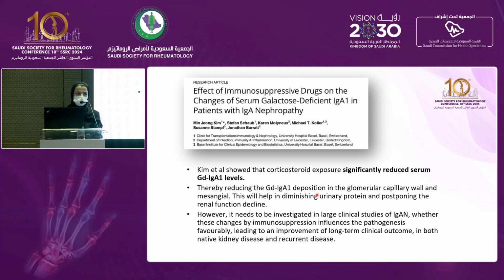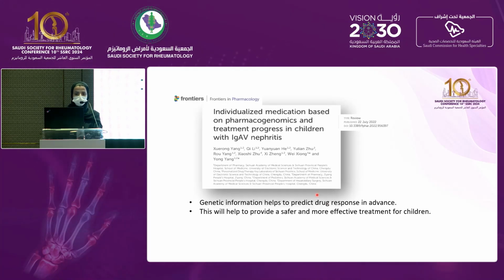However, still we need large clinical studies to prove this. And as we know, the future now is for personalized or individualized medicine, in which the genetic information will predict the drug response in advance, and this will help to provide a safer and more effective treatment for children.